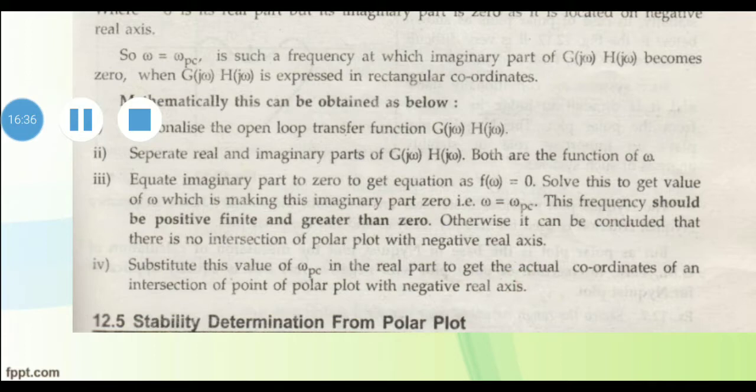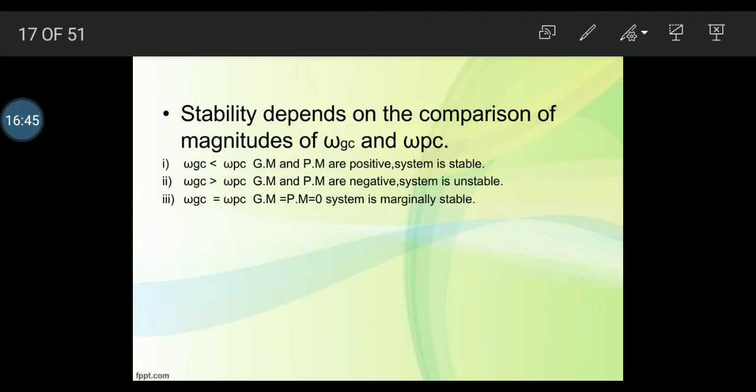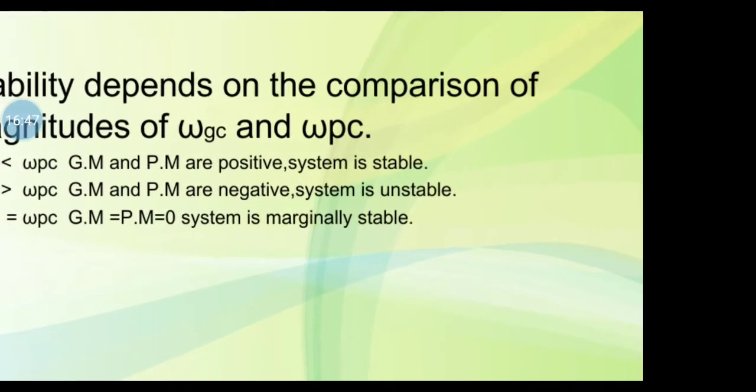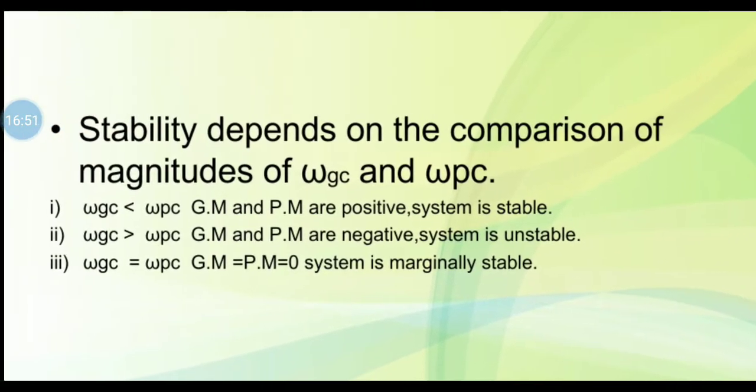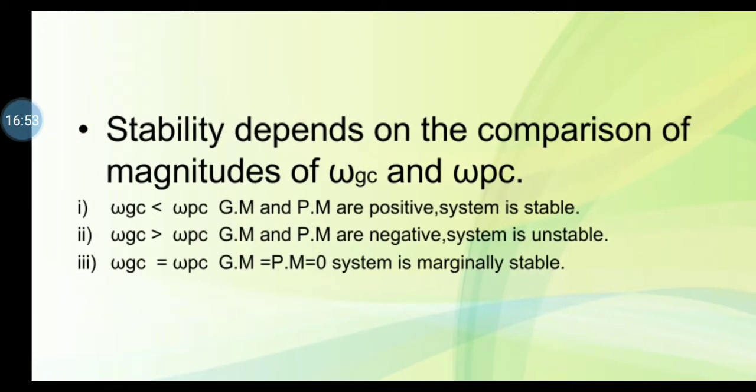Next we will go for stability determination from polar plot. So stability depends on the comparison of magnitudes of omega gc and omega pc. If omega gc is less than omega pc, gain margin and phase margin are positive, system is stable.